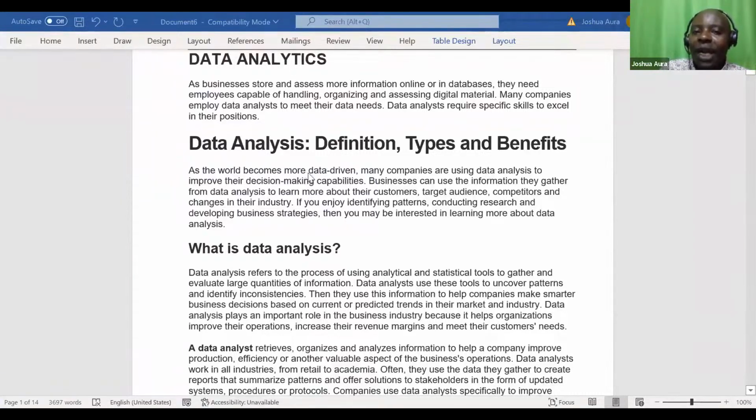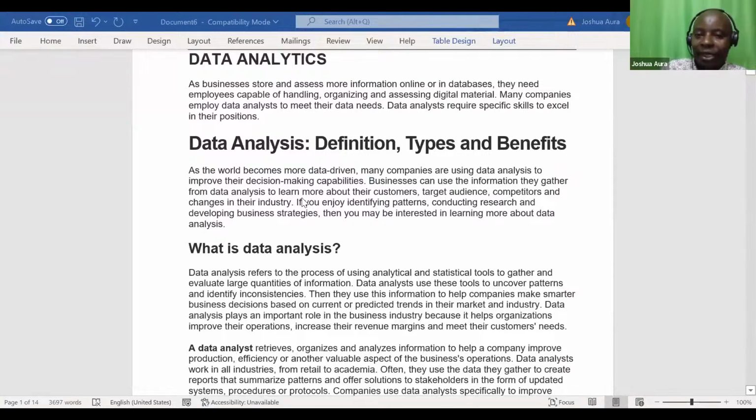As the world becomes more data-driven, many companies are using data analysis to improve their decision-making capabilities. Businesses can use the information they gather from data analysis to learn more about their customers, target audience, competitors, and the changes in their industry. If you enjoy identifying patterns, conducting research, and developing business strategies, then you may be interested in learning more about data analytics.